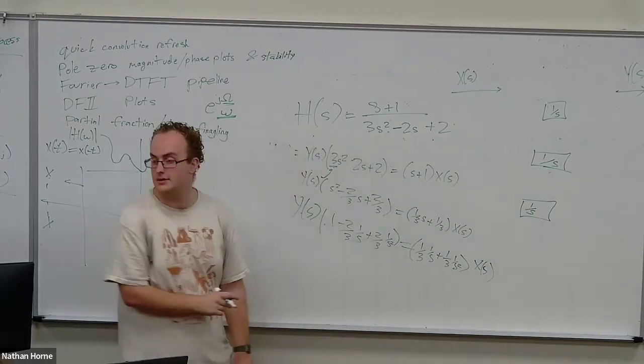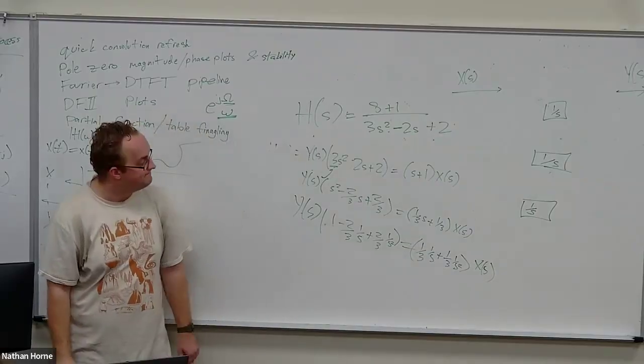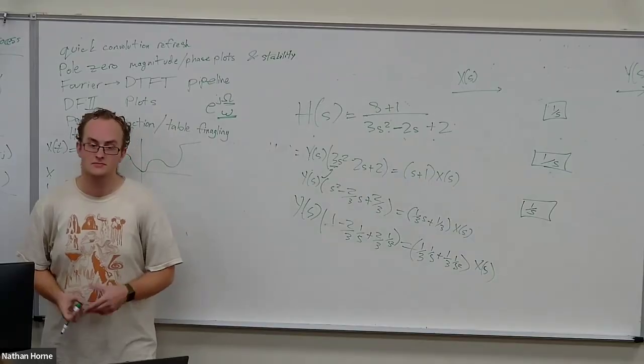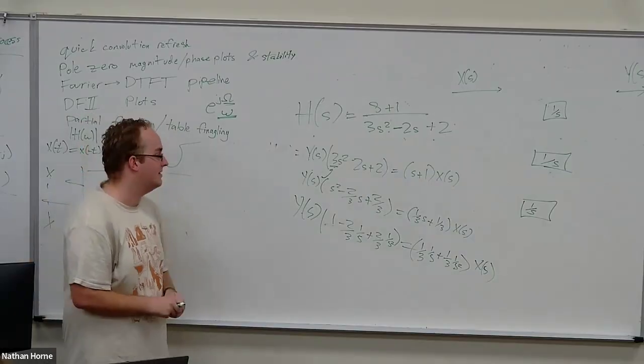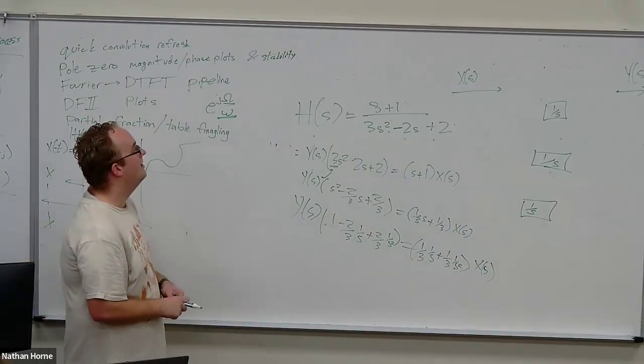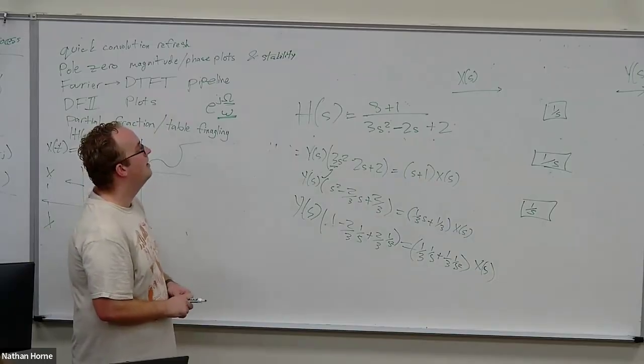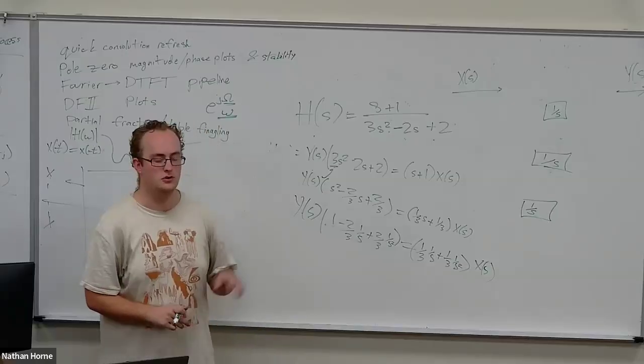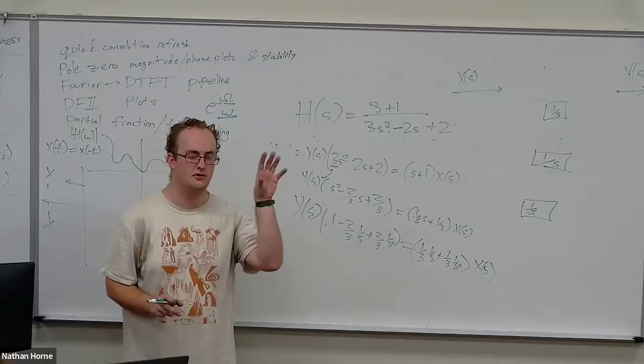One question. Yes. Why did this, never mind. That is a good question, and I asked it quite a bit. Somebody asked a conceptual question about why we would use direct form 2 over direct form 1.